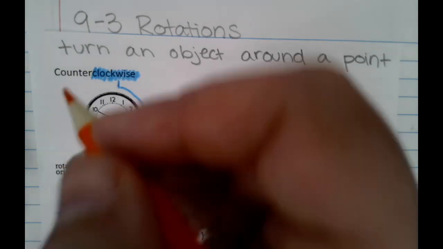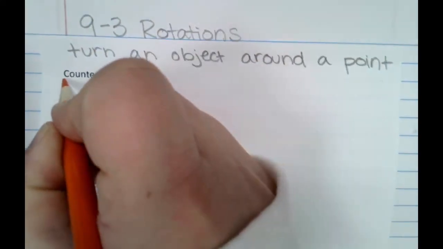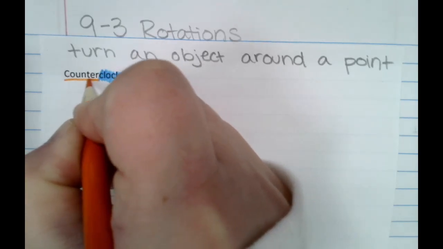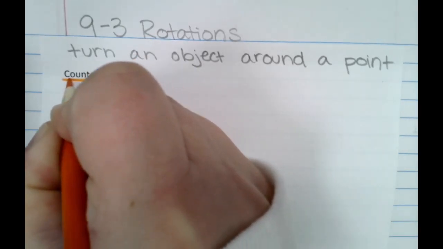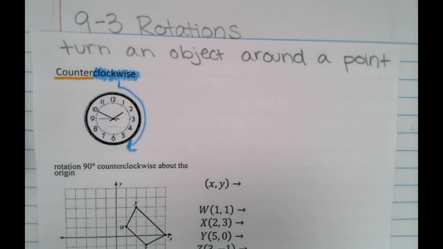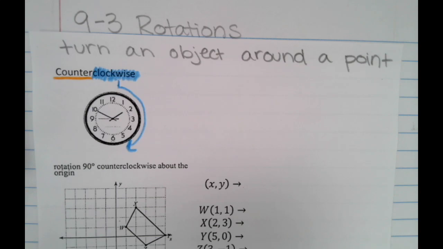All right, when we see that word counter, what does it mean to counter someone? Blocking, yeah. So if you put in an offer on a house, and then somebody gives you a counter offer, that means that they're giving you a different offer and they're trying to negotiate with you.